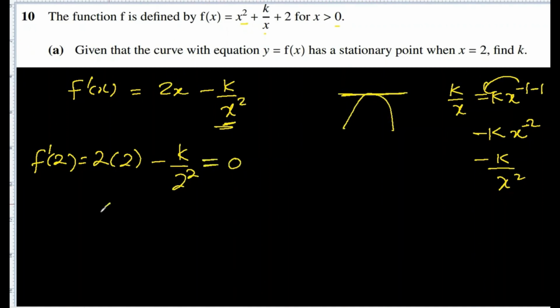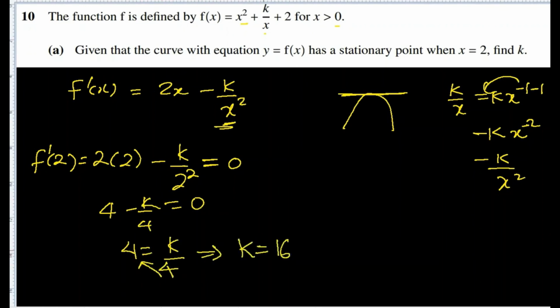And that will be 4 minus k over 4 equal to 0, and 4 equals k over 4, and let's cross multiply. It gives us k equal to 16. So the equation becomes f x equal to x squared plus 16 over x.